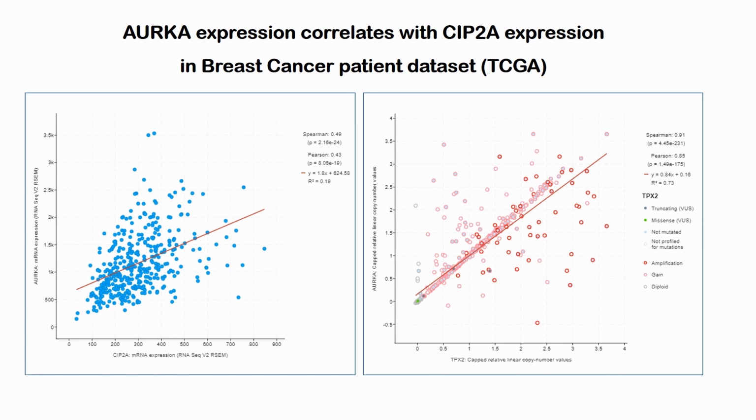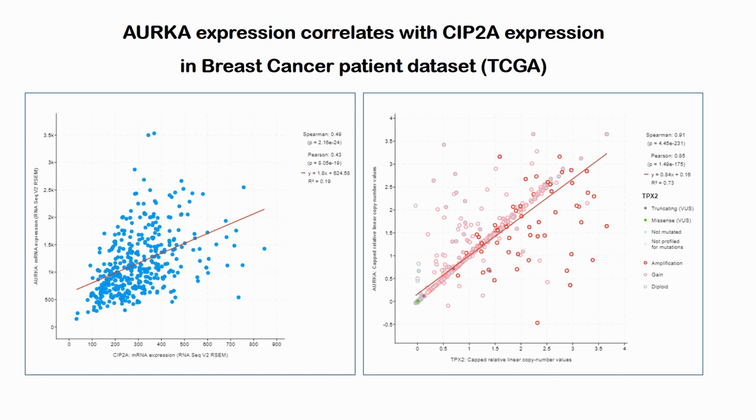Now, it's a well-known fact as well that AURKA is amplified in various cancers. And in fact, the AURKA copy number variation correlates excellently with the TPX2 gene.